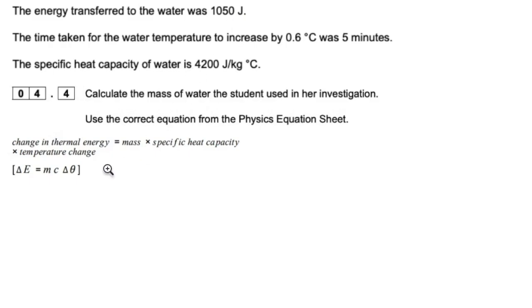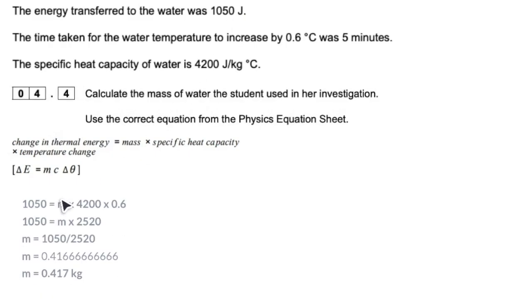And then the mass, which we have to find, times the specific heat capacity given to us in the question, and the temperature change, which is 0.6 because the time taken for the water temperature to increase by 0.6, so that's the temperature change.